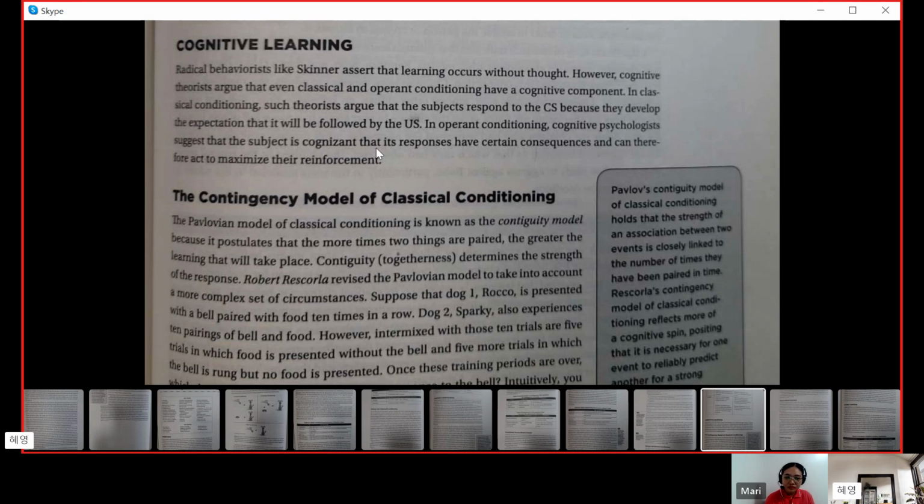In classical conditioning, such theorists argue that the subject responds to the CS because they develop the expectation that it will be followed by the US, the unconditioned stimulus. In operant conditioning, cognitive psychology suggests that the subject is cognizant that its responses have certain consequences and can therefore act to maximize their reinforcement.